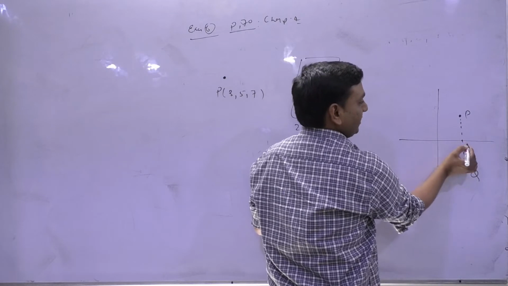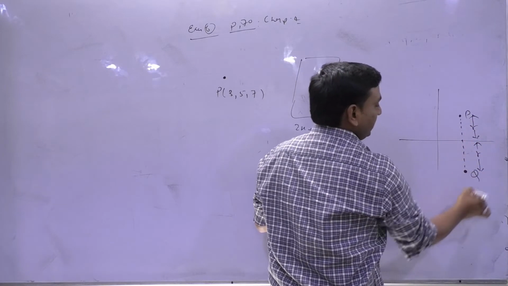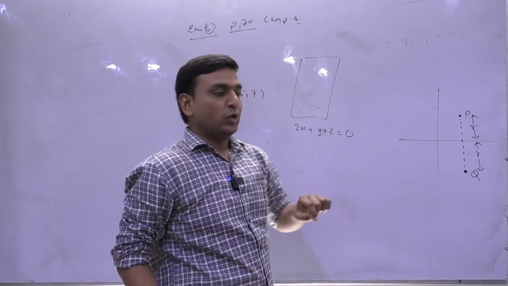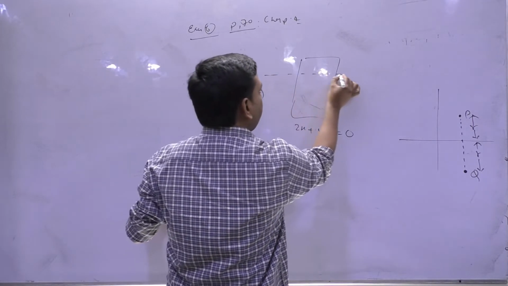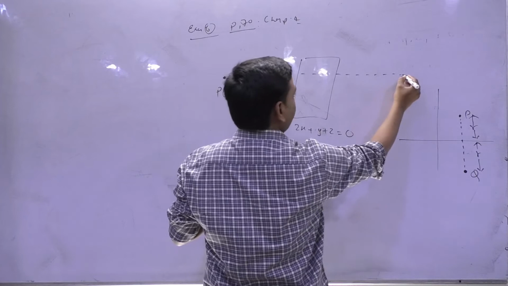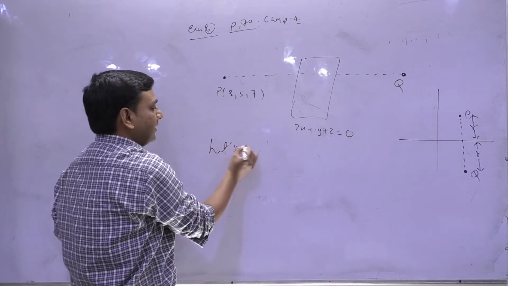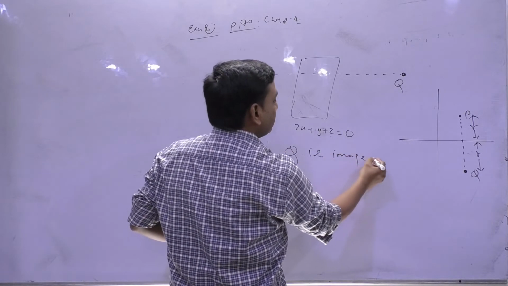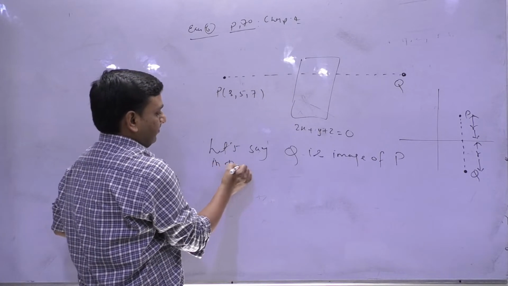If this distance is r, then this must be r, then Q will be known as the image of P or not? So to get the image of P in the plane, let's say Q is the image of P in the plane.